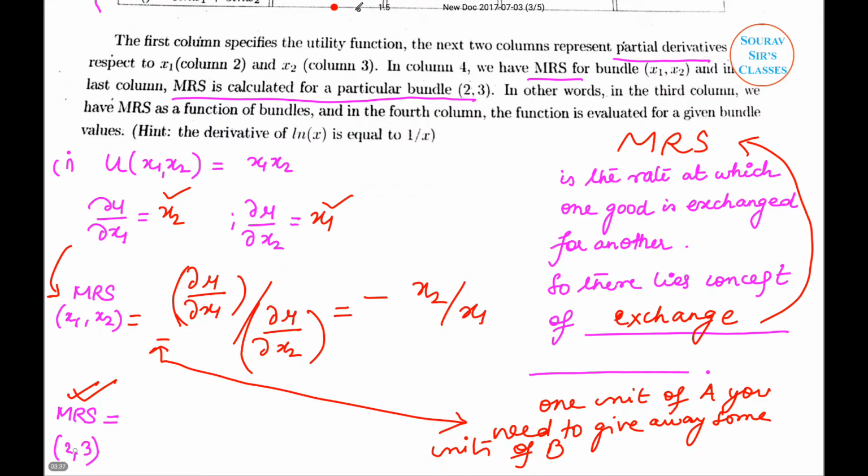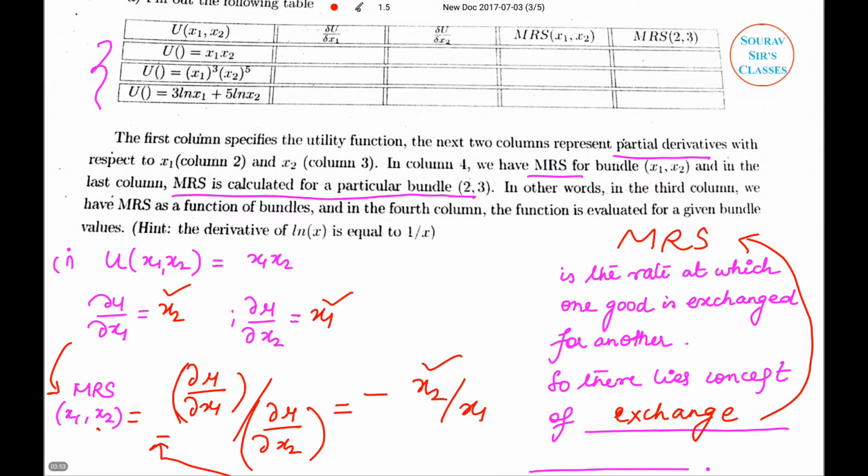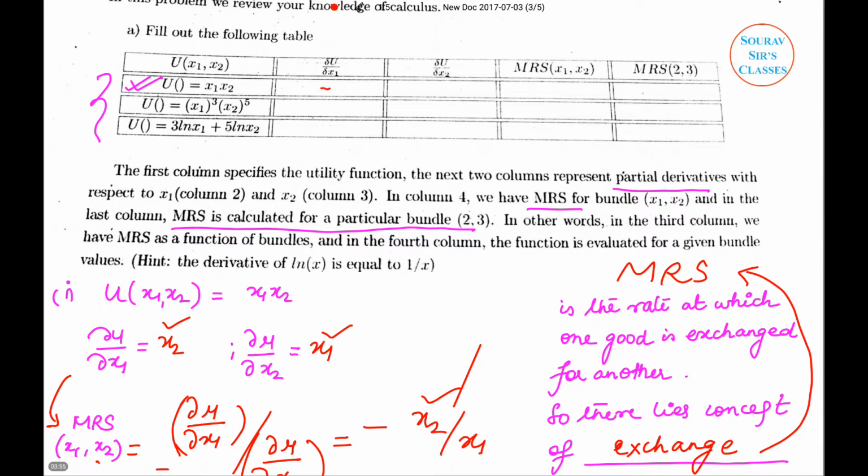So in place of x1 we will put 2, and in place of x2 we will put 3. So it will be minus 3 by 2. So these will be the answers to our first row.